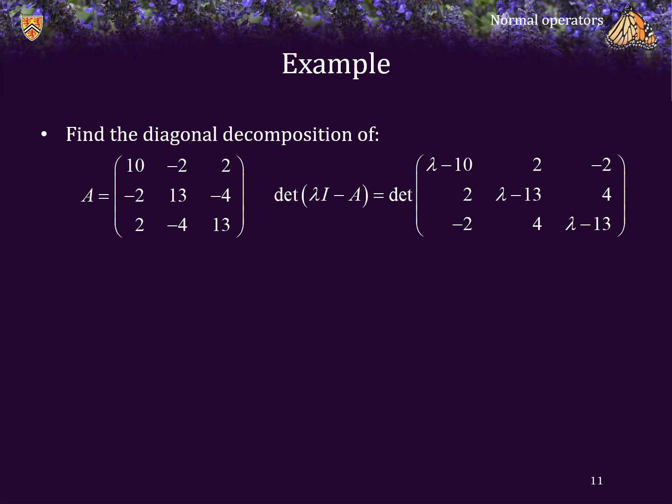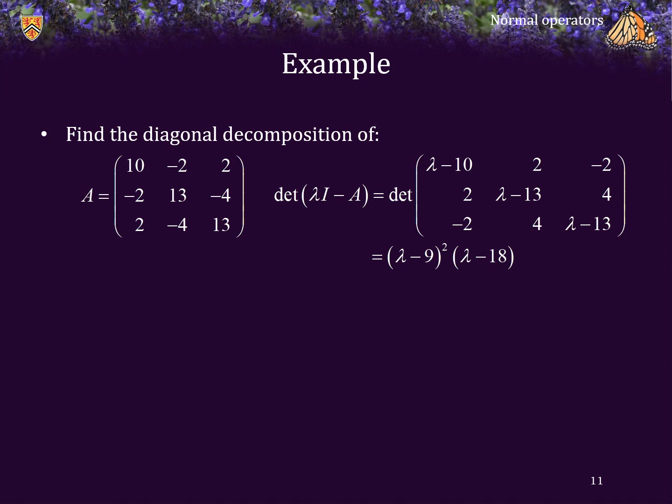Now, this rather ugly polynomial can actually be simplified to the following: lambda minus 9 squared times lambda minus 18. Thus, 9 is one eigenvalue with multiplicity 2, and 18 is the other eigenvalue.